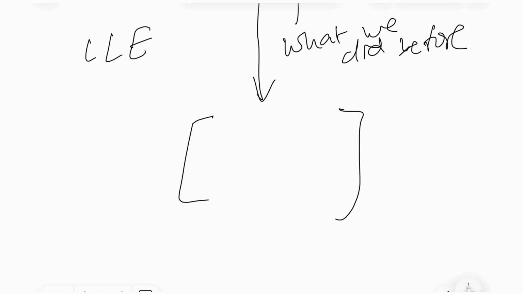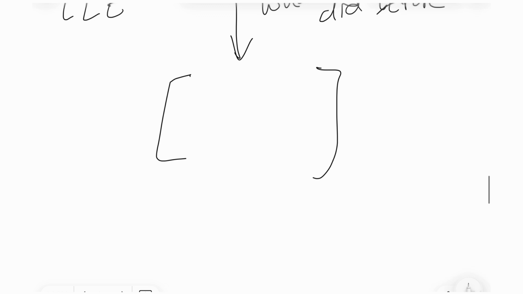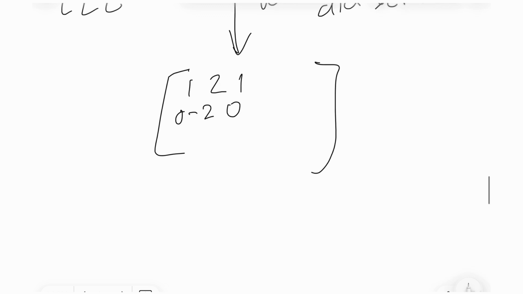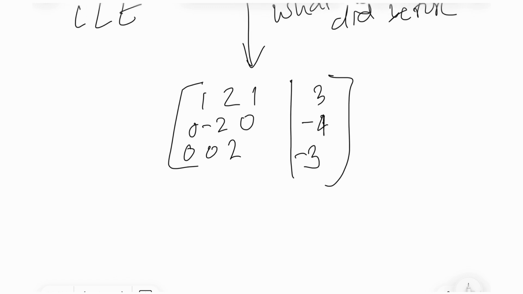Now, what do we get? 1, 2, 1, 0, minus 2, 0, and 0, 0, 2. And we got 3, minus 4, and minus 3. Now we just need to turn these into 1s and turn these all into 0s.